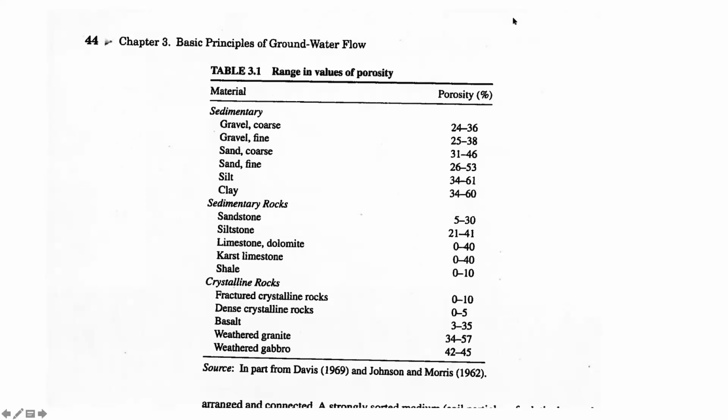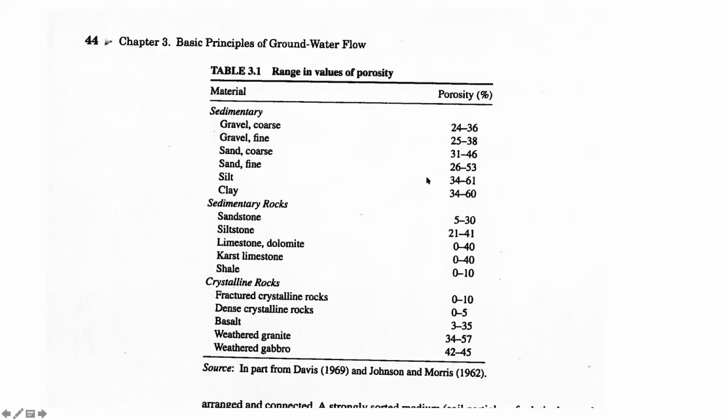So in general, unconsolidated sand, silt, and clay is pretty uniform. Anywhere between 25 to 40% is common.